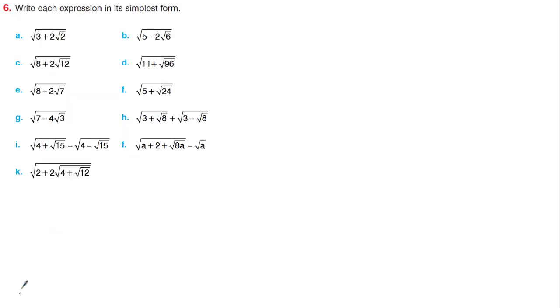All right, next exercise is exercise 6. Let's continue with the first one. Under A, we have square root of 3 plus 2 root of 2.